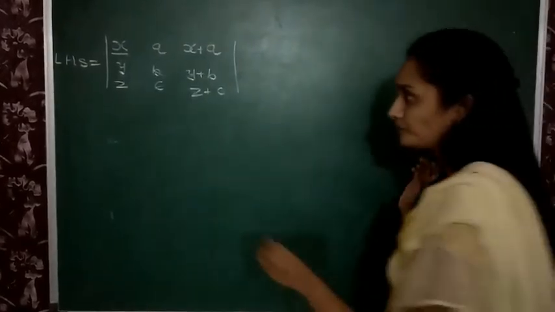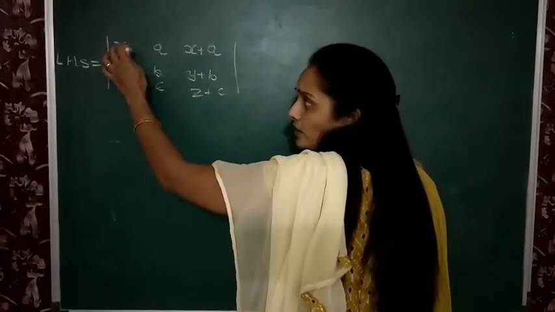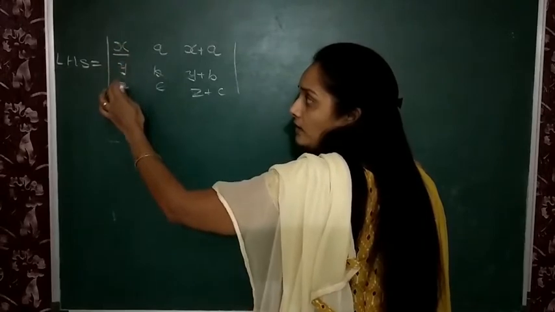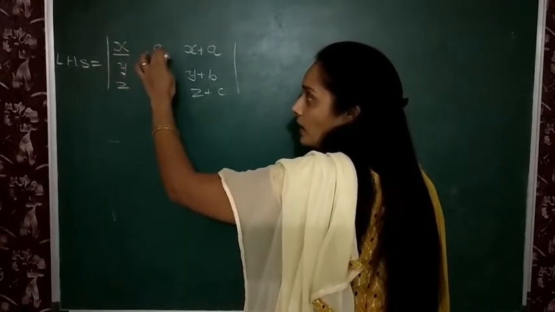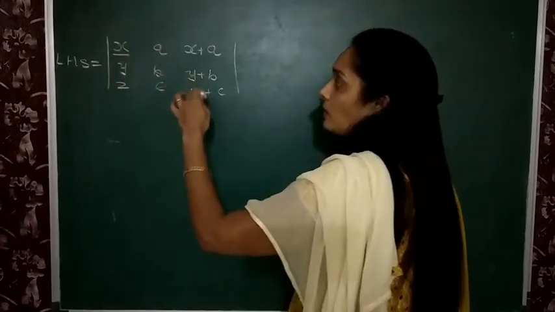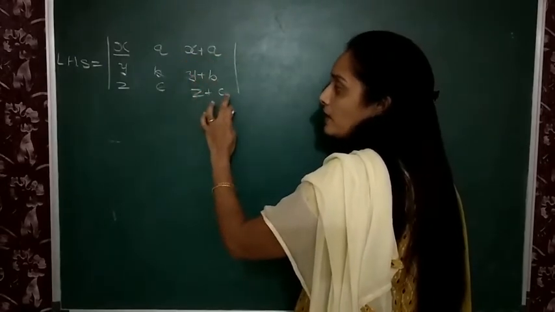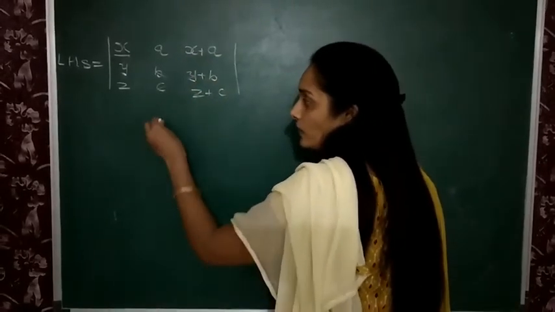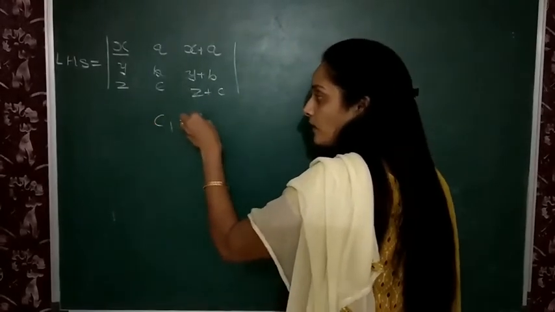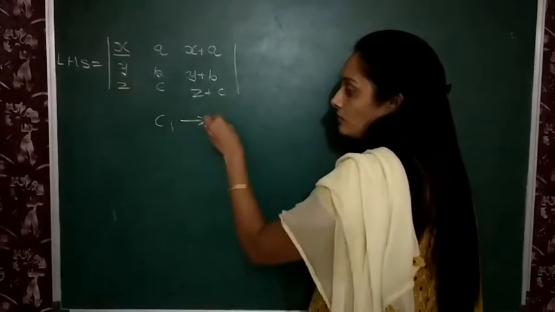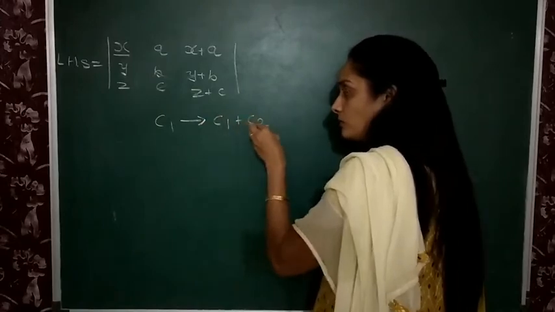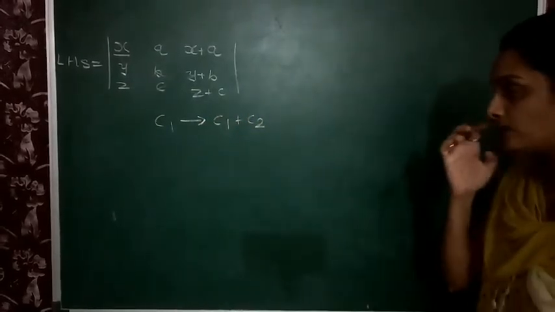Now we see that the first column is x, y, z, the second column is a, b, c, and the third column is x plus a, y plus b, and z plus c. So we can convert the first column into C1 plus C2.